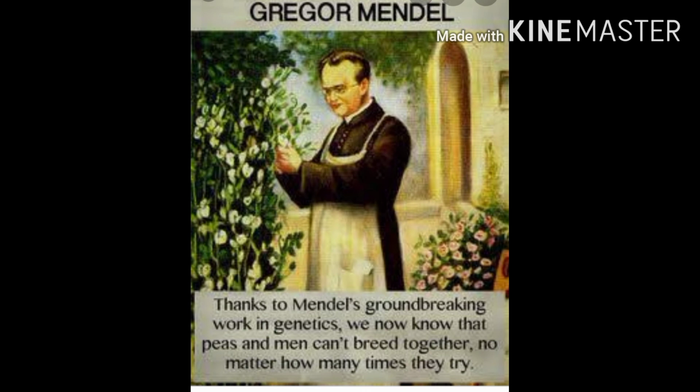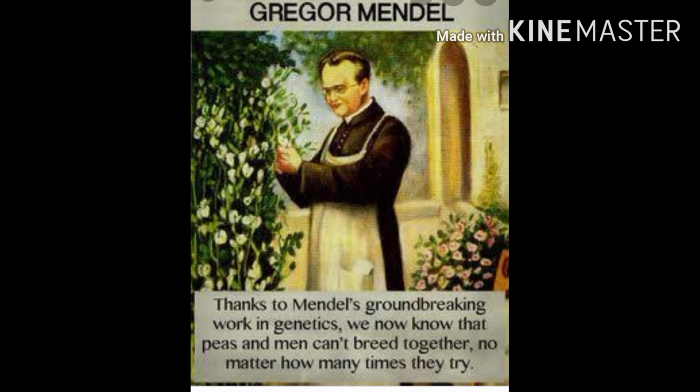This means that each trait can be influenced by both paternal and maternal DNA. Thus, for each trait, there will be two versions in each child. Mendel opted garden pea, which is scientifically called Pisum sativum, to conduct his experiment.